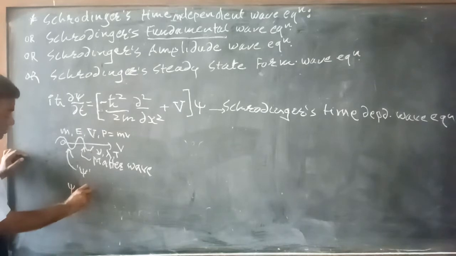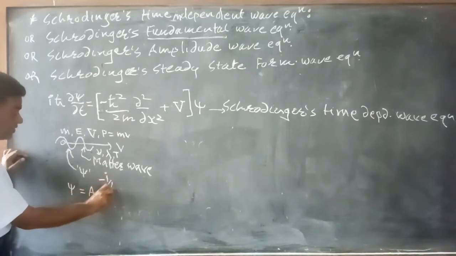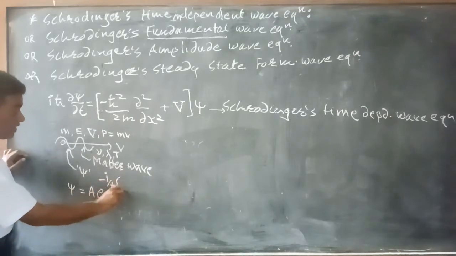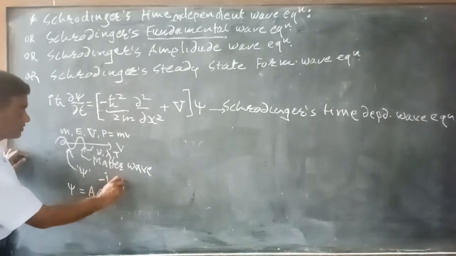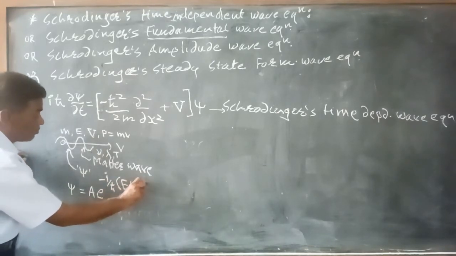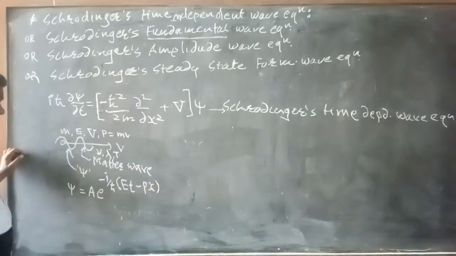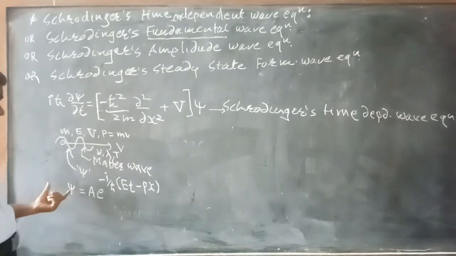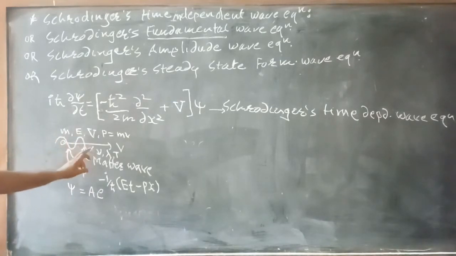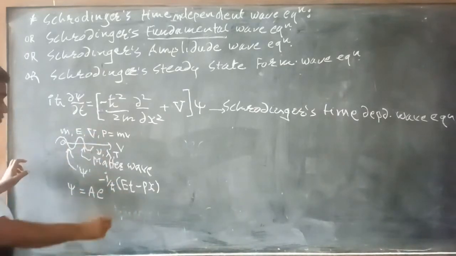So it is nothing but the amplitude of the wave, that is A, into e to the power minus i divided by h cut into the bracket (Et minus px), total energy of the particle into time minus momentum of the particle into x. So this is the equation. The wave function which characterizes this de Broglie wave in terms of the energy and momentum of the particle can be written in this way.